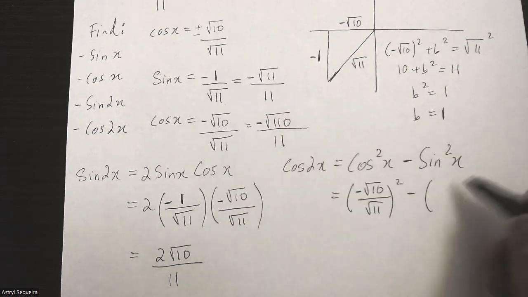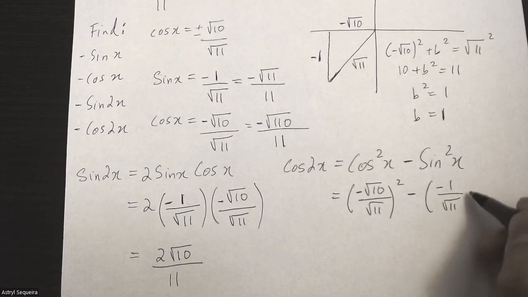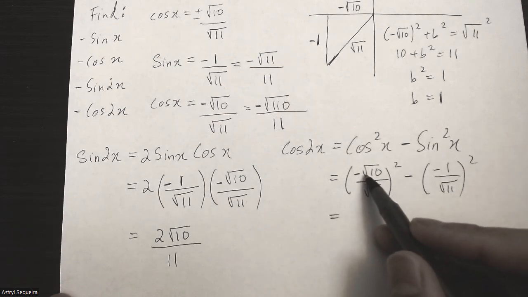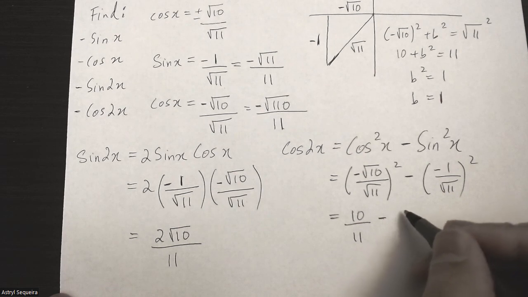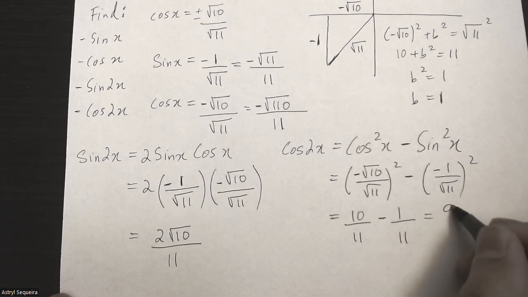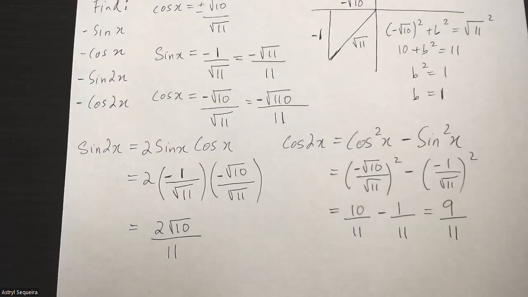And sine x, I'll just use negative 1 over root 11 squared. So this is just 10 over 11 minus 1 over 11, which is just 9 over 11, which is my final answer for this question.